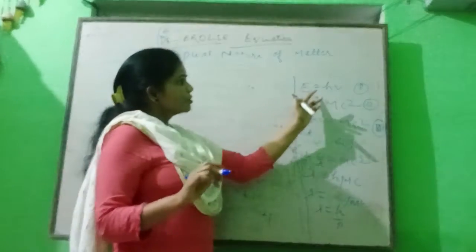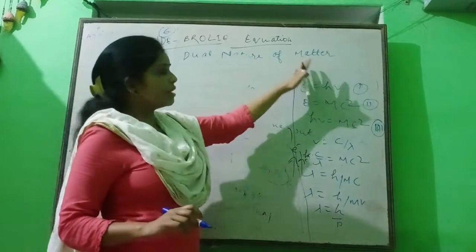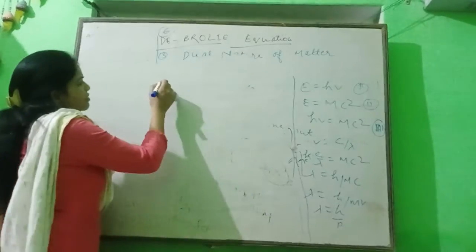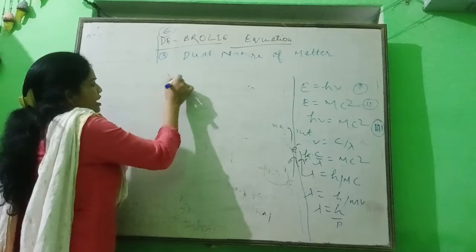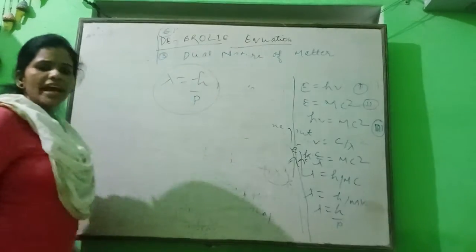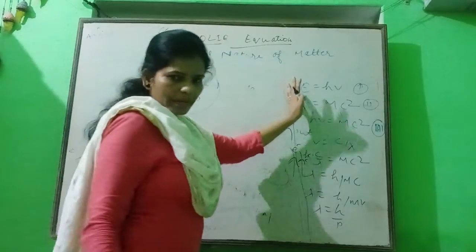Now we will derive the dual nature of matter by the de Broglie equation. The de Broglie equation gives lambda is equal to h upon p. Now we have to derive this by some method.